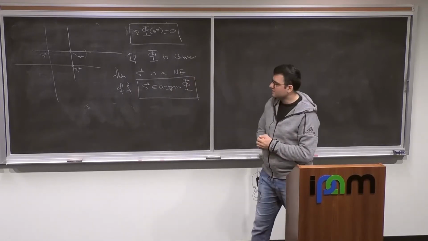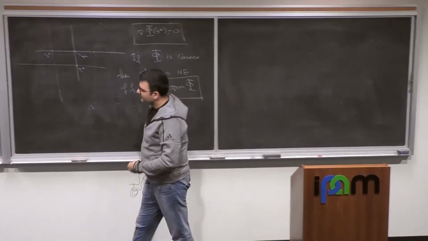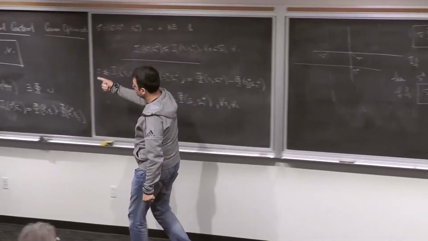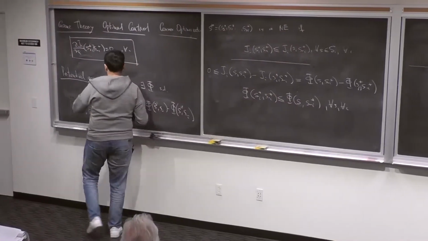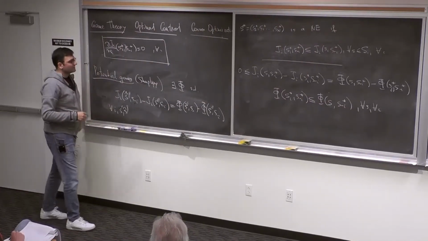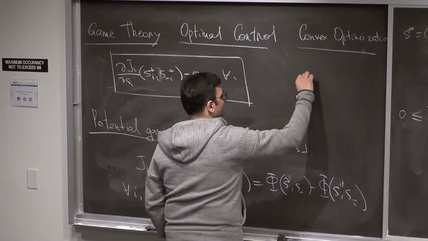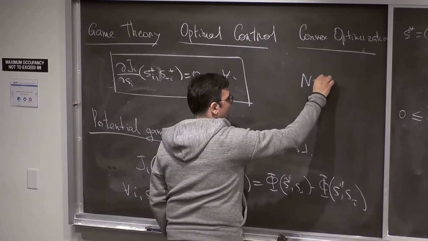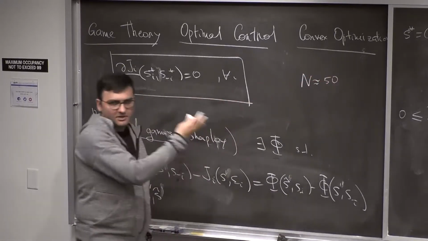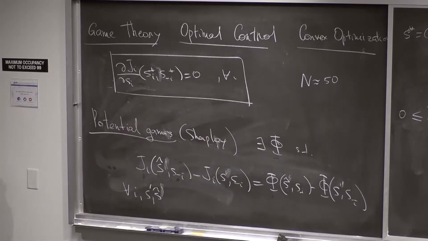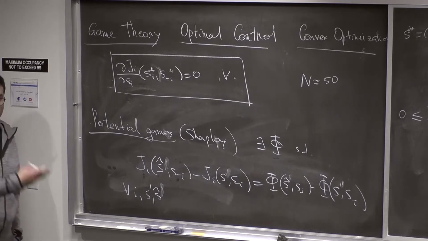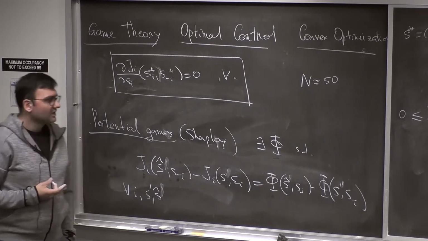And so when we have this type of games that we want to analyze, the hardest problems are the cases where, let's say, the number of players is, I don't know, 50. I'm making up this number, but it's not very large, and also not very small so that we can analyze it easily.